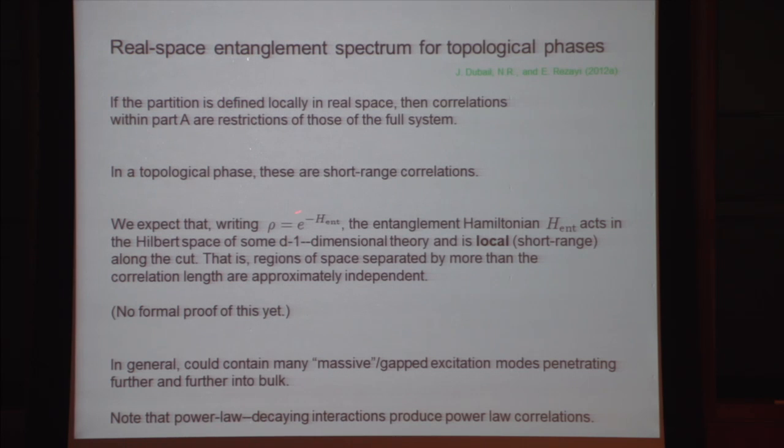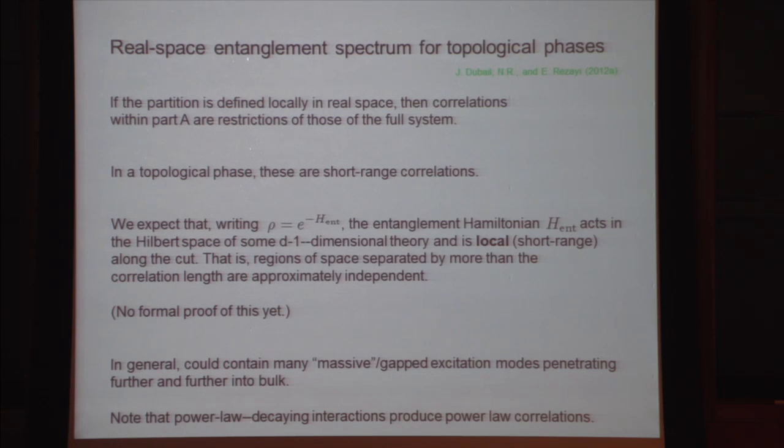And one argument why this should be the case is that because I have short-range correlations, even if I'm close to the cut, if I look at regions of space separated by more than a correlation length, they're approximately independent from each other. So therefore, think classically for a second, a classical analog.